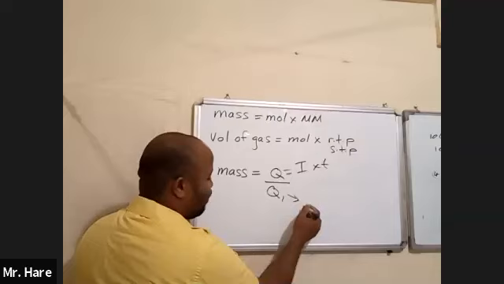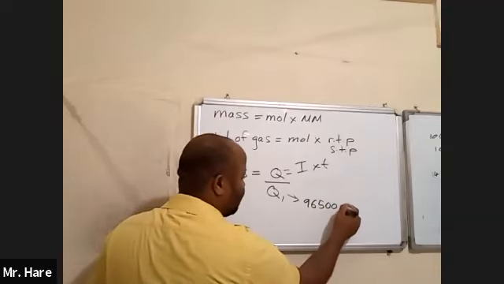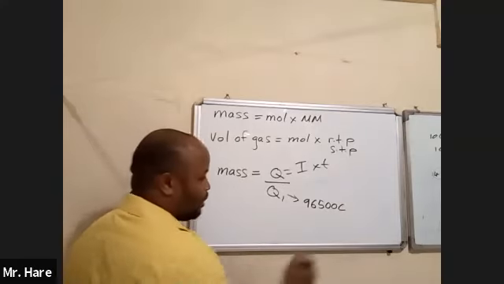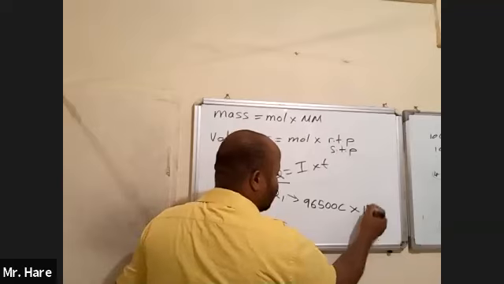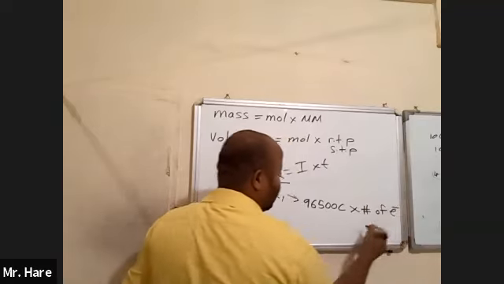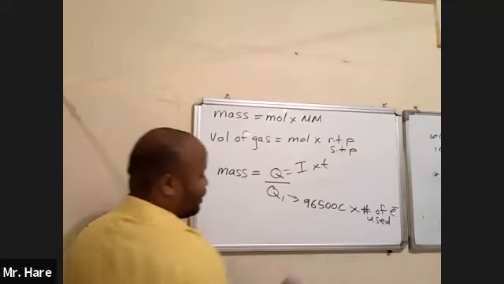Now, Q1, you are going to multiply 96,500 coulombs times the number of electrons used. And I'm going to tell you what that is.